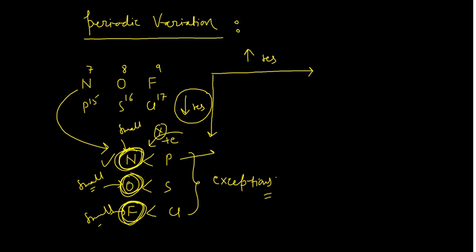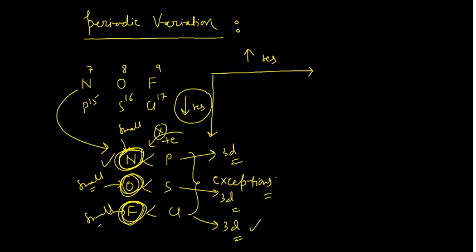Phosphorus has a vacant 3d orbital, and sulfur is also having a vacant 3d orbital, and chlorine is also having a vacant 3d orbital. What can happen in these 3d orbitals is that the negative charge would be more delocalized, and when their electrons are delocalized, repulsion decreases.